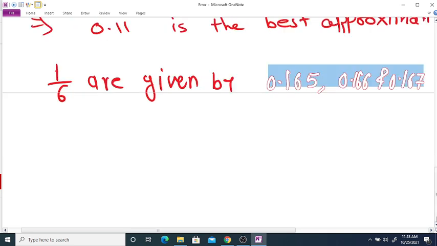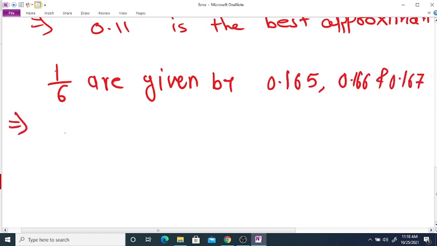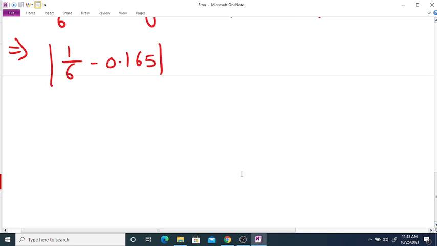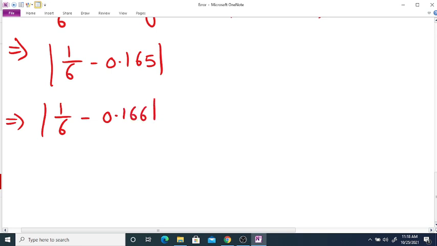So again we want to determine the error between the true value and the approximate value 0.165. Then next, the true value minus the approximate value, and the third is 1 by 6 minus 0.167.